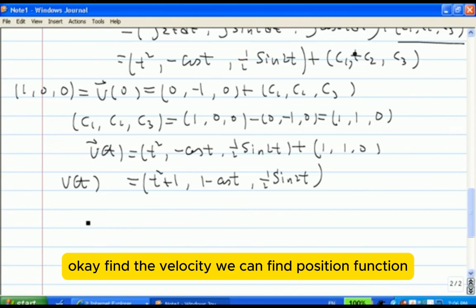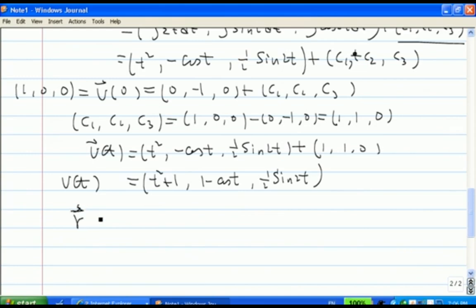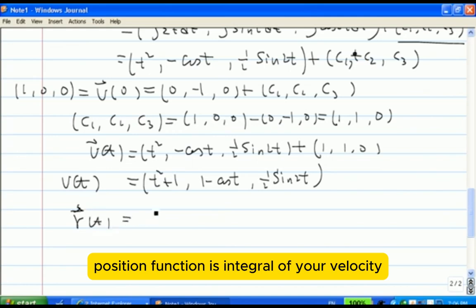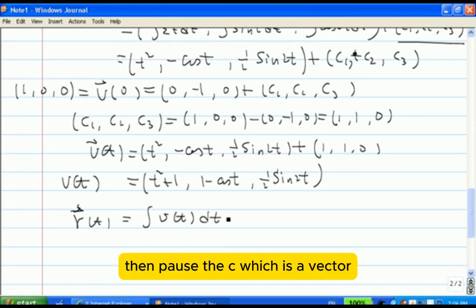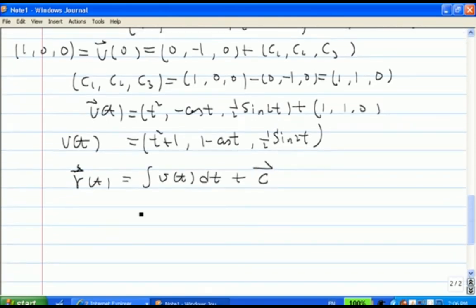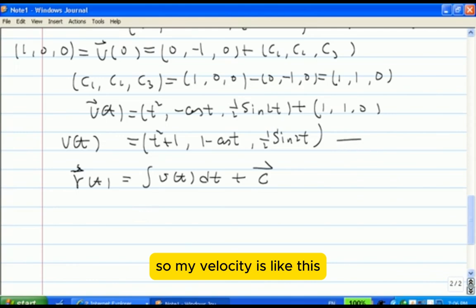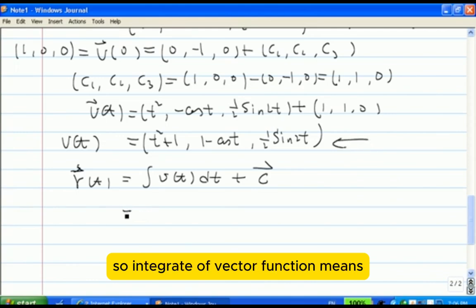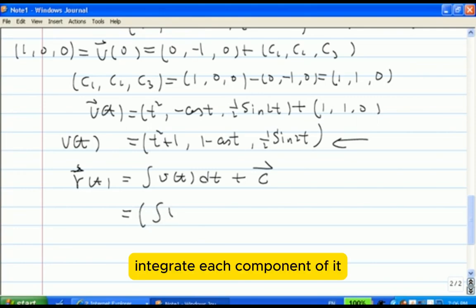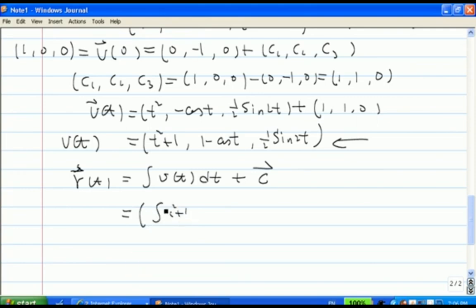Okay, having found the velocity, we can find the position function. The position function is the integral of your velocity, then plus c, which is a vector. So my velocity is like this. Integrating a vector function means you integrate each component of it.